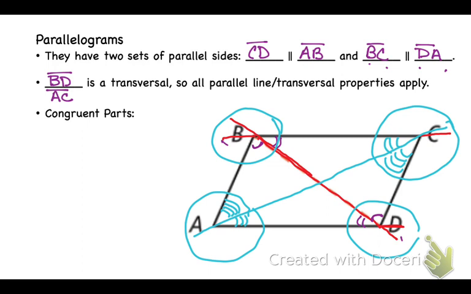Now I'm going to make this picture even more confusing. I know that this angle right here is congruent to this angle right here because they're vertical, yes? And I know this side is congruent to that side, and this one is congruent to this one. Well, by angle side, isn't this triangle congruent to this triangle?